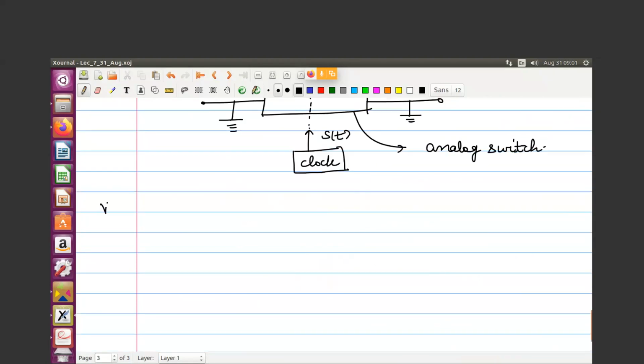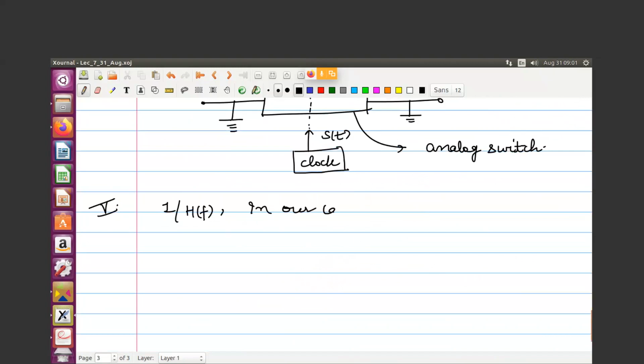Sorry, I forgot one thing. Last time we said that we can create an equalizer which has a response like 1 upon H(f).